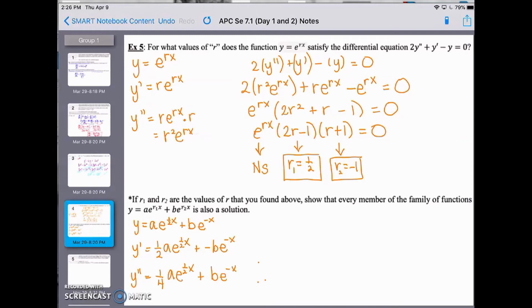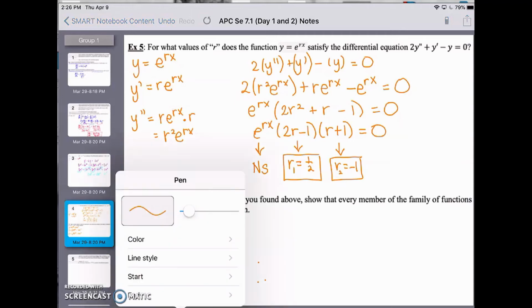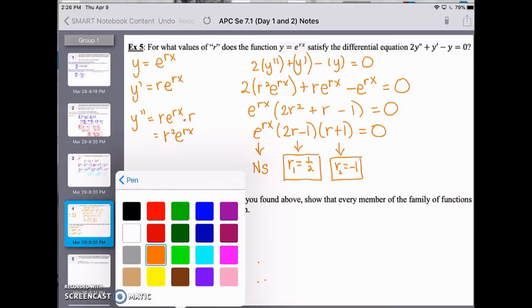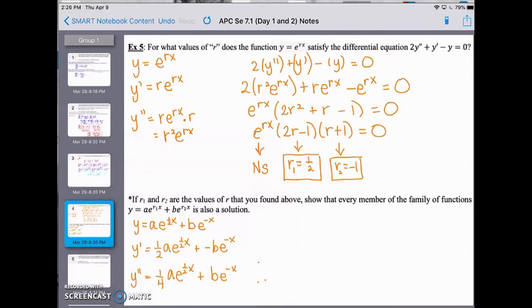All right, so now I have my y prime and my y prime prime. So I can go back to that differential equation that I was given, and I can plug these in and show that the left side equals the right side, okay? So I'm going back to 2y prime prime plus y prime minus y equals 0, right? And a little question mark there because we're trying to show that this is true, okay?